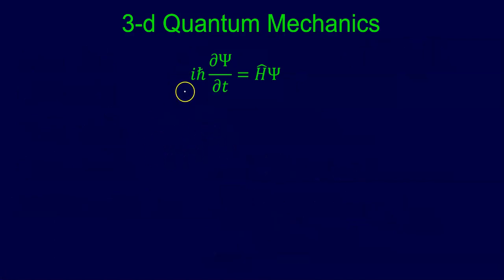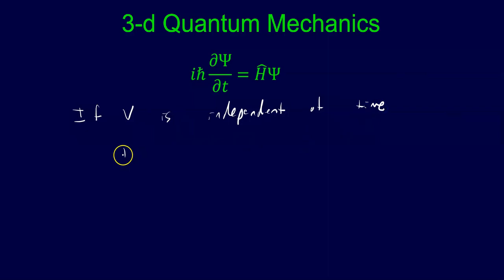So, the time-dependent Schrodinger equation, and just like last time, we can say that if our potential is independent of time, the TDSE, the time-dependent Schrodinger equation, is separable, just like in Chapter 2.